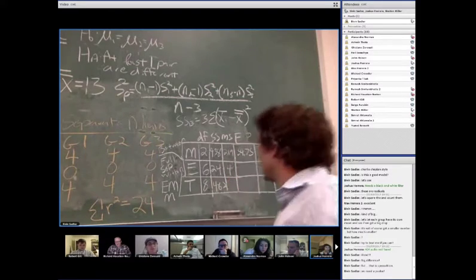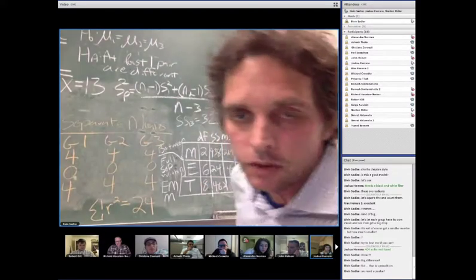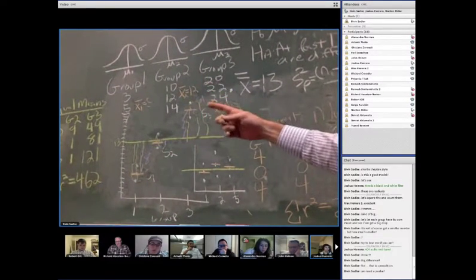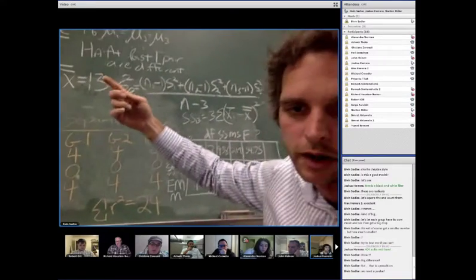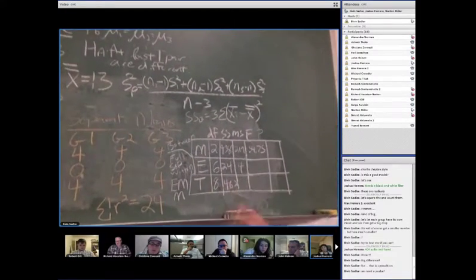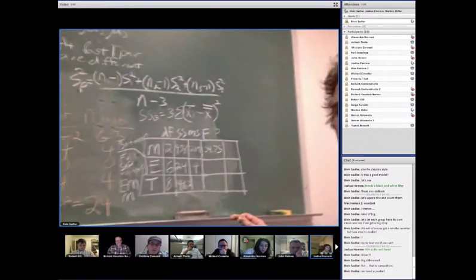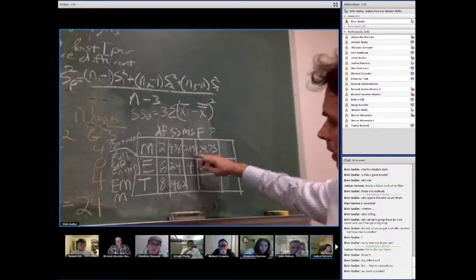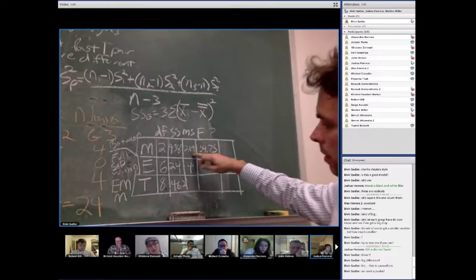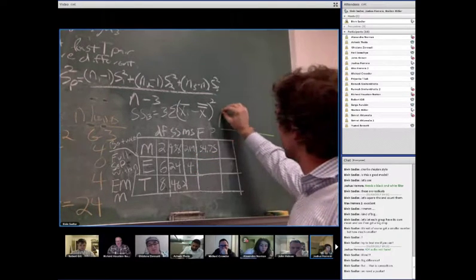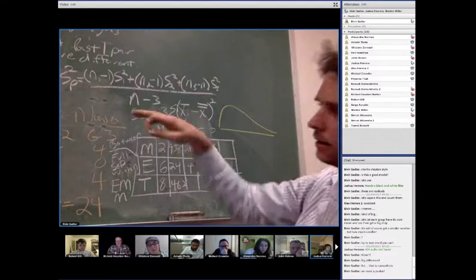The reason why we square it is because it turns out we can show mathematically that the division of the mean squared between with the mean squared within follows a particular distribution. If I was to repeat these samples over and over and over again, I would get a bunch of different F statistics. And this is an F distribution with 2 and 6 degrees of freedom.